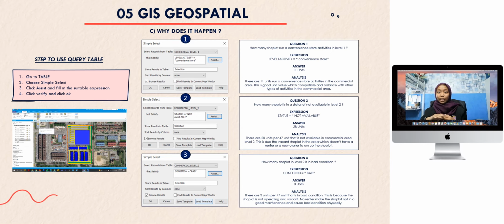There is a 28 unit shop lot that is not operating, and the last analysis is there is only 3 unit that is in bad condition. I think the most relevant reason is because the shop lot is not operating, and this is leading to the lack of basic maintenance to the shop lot itself.